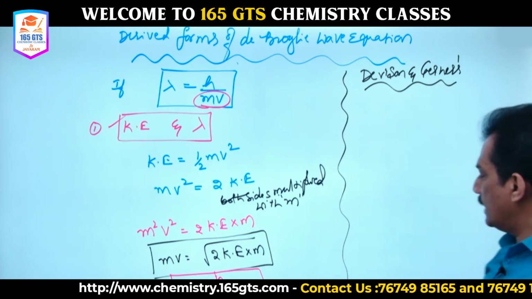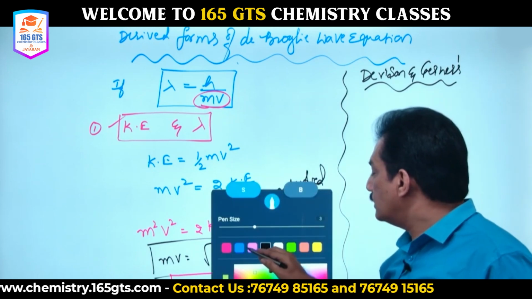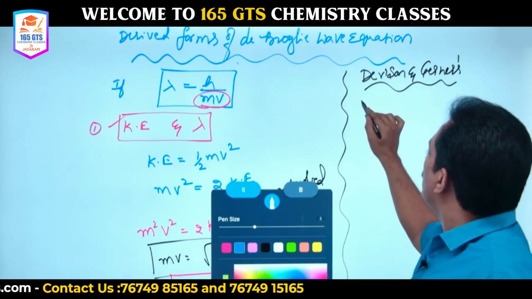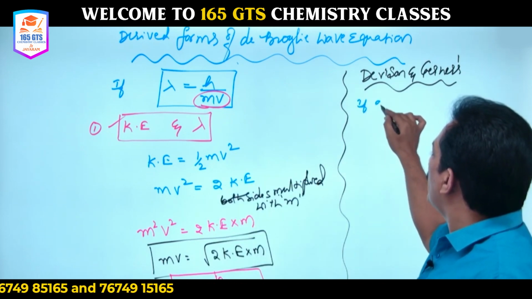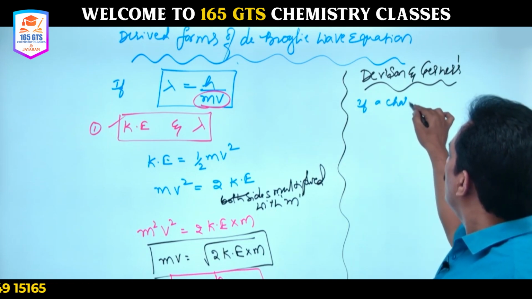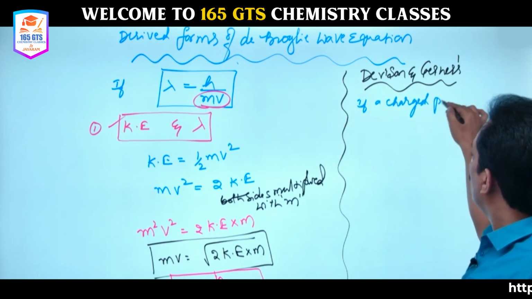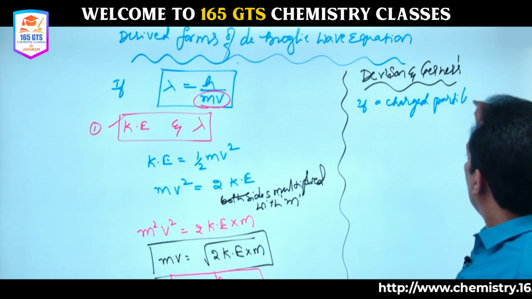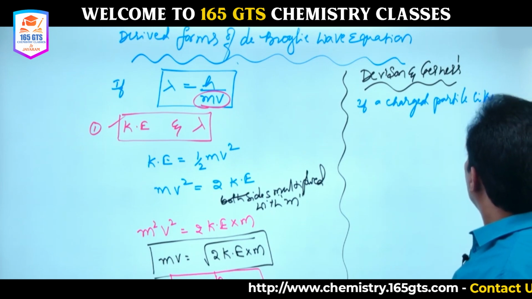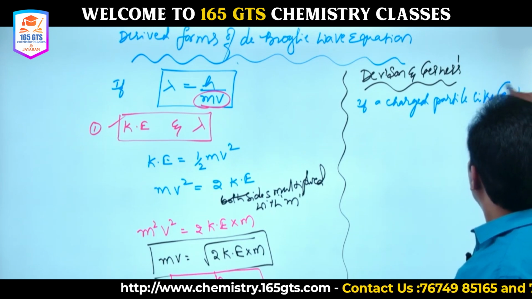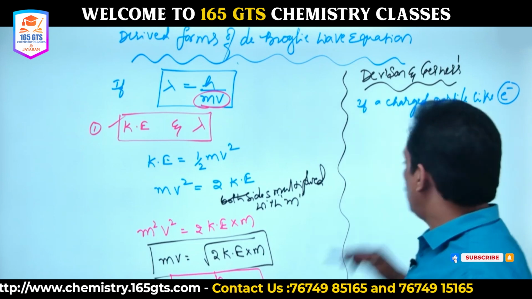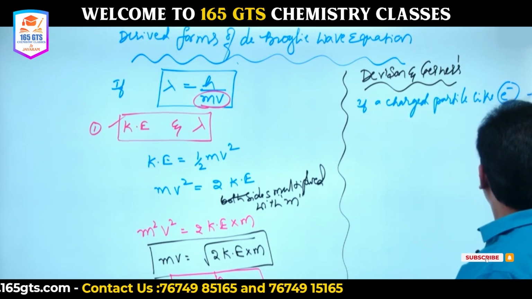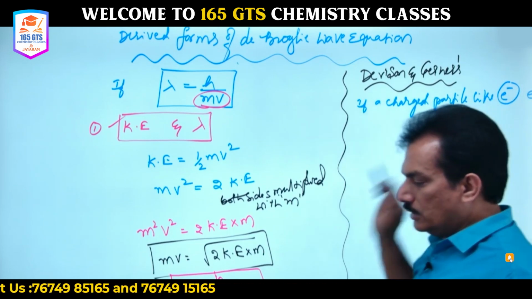Now Davisson and Germer are considering that if a charged particle like an electron, let us count e, e is the charge, like electron, e charge. It is negative charge.